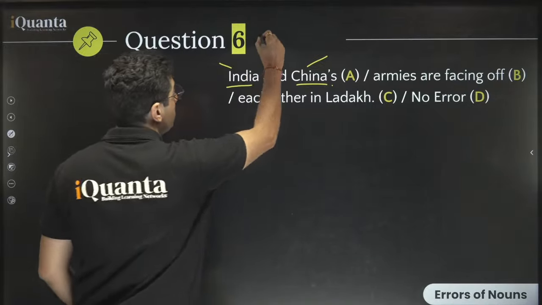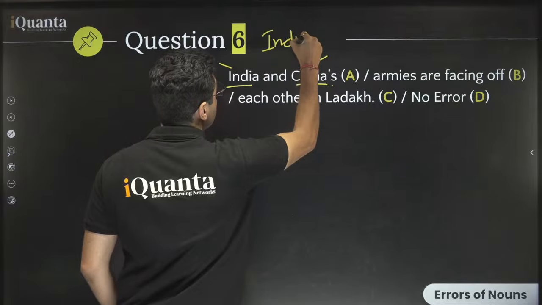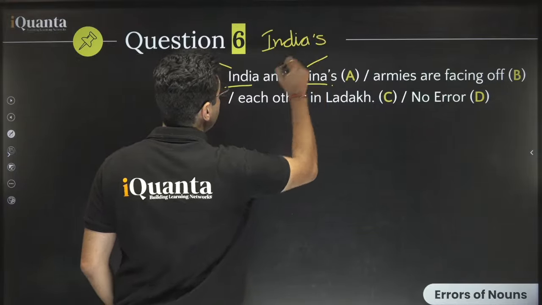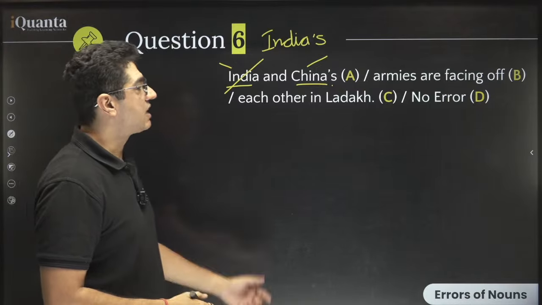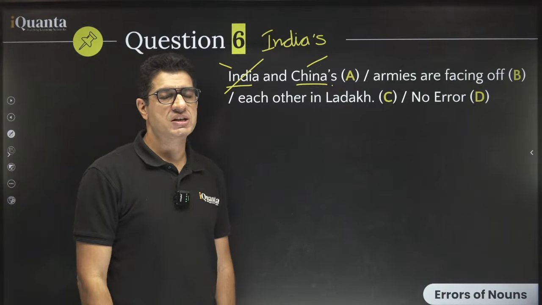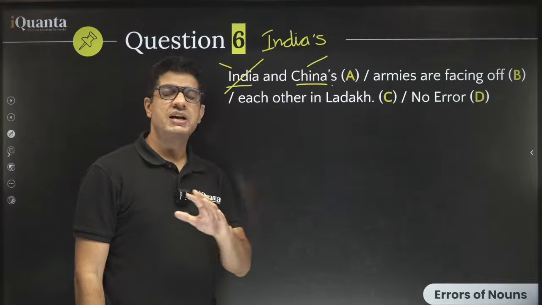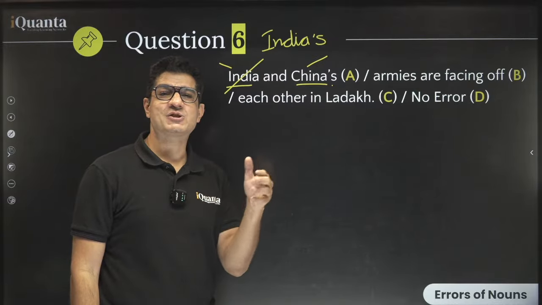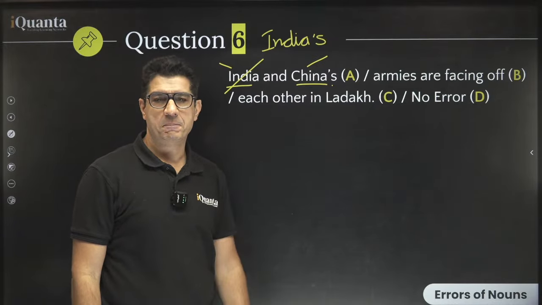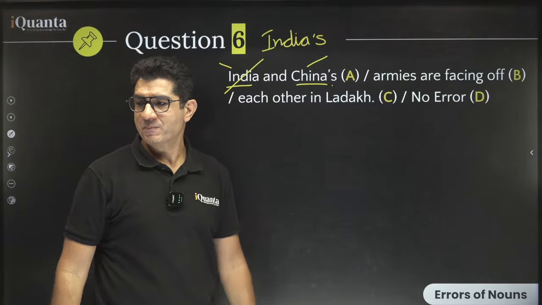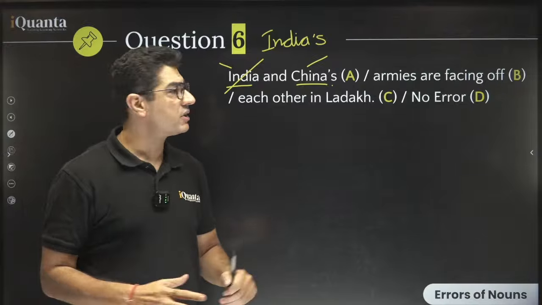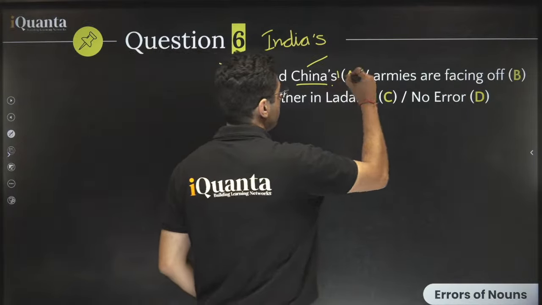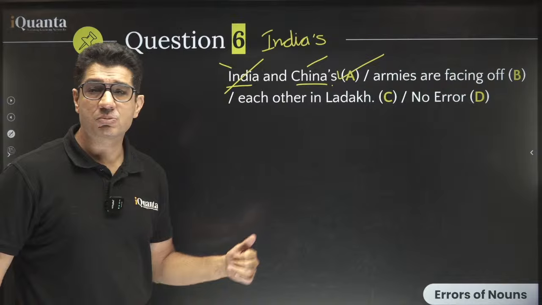So it should be India's and China's armies are facing off each other in Ladakh. This is an error that pertains to the possessive case of a noun. So A. The rest of it is absolutely correct, and that is why the answer to our question number 6 must be option A.